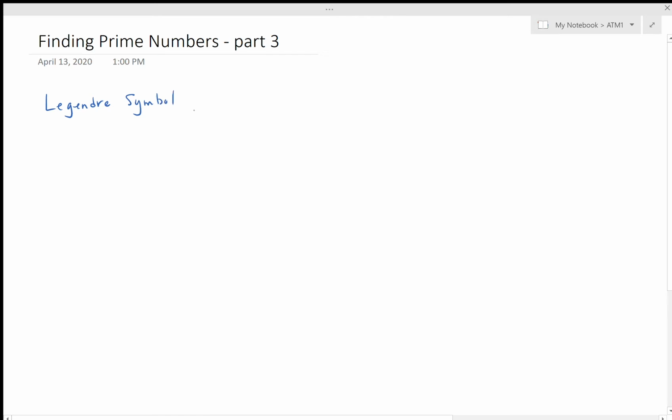P will be an odd prime, and for any integer A, we have this symbol here. We write it this way. That is the Legendre symbol.